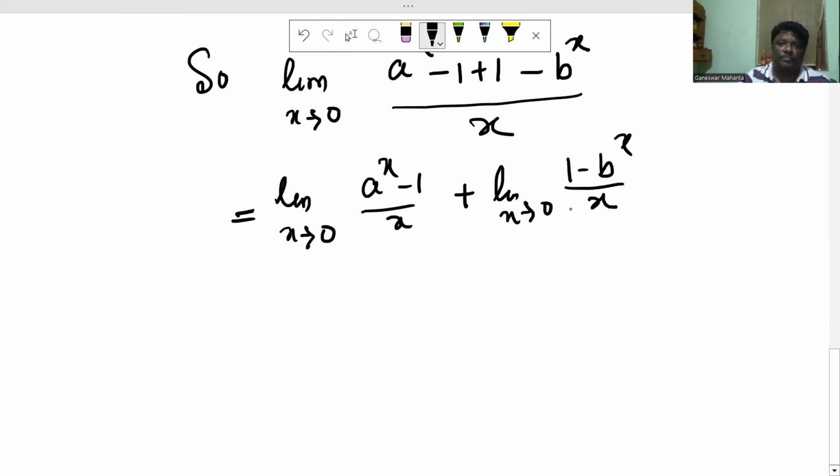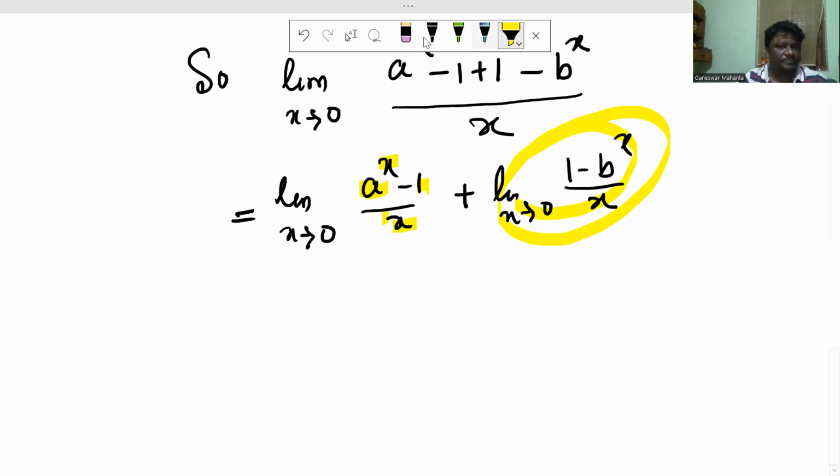Looking forward or backward, you can see this is one formula based on e to the power x minus 1 by x, but this formula was not applicable, so we convert this again into an application of the formula.